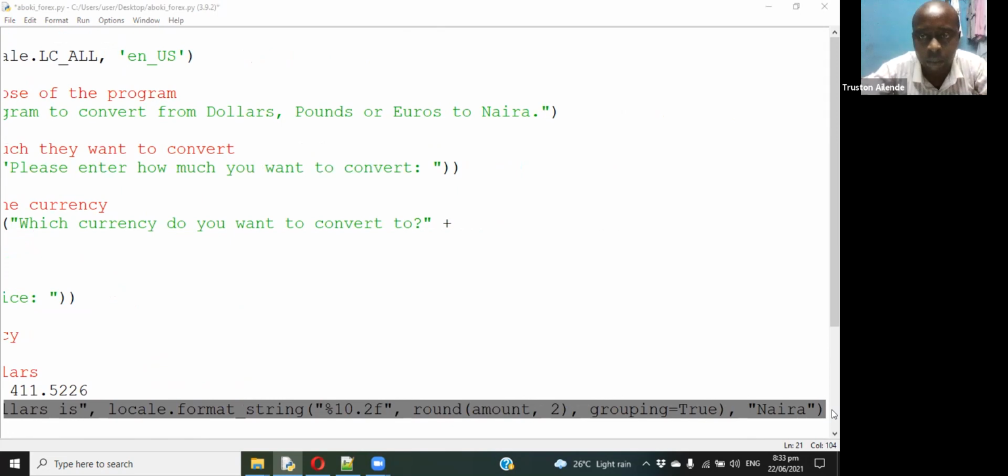Control V. But it belongs on a straight line.